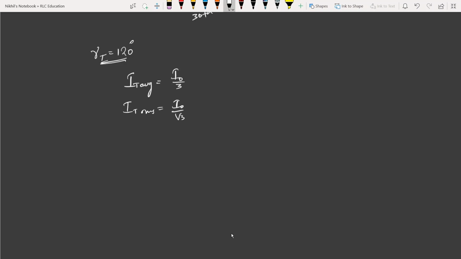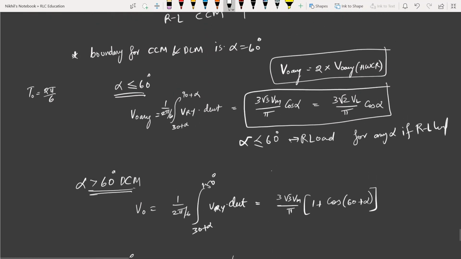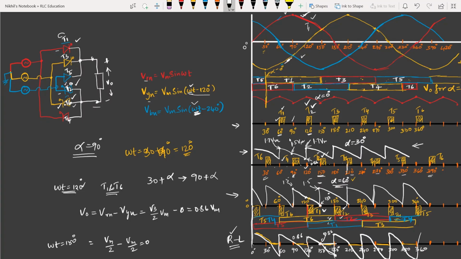Next we have to see the source current, average source current IS average and IS RMS. In one cycle, how many times is the source supplying the current? For one cycle of input, up to 360 degrees, T1 is on for how much duration? 120 degrees.